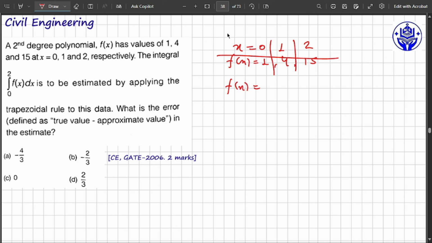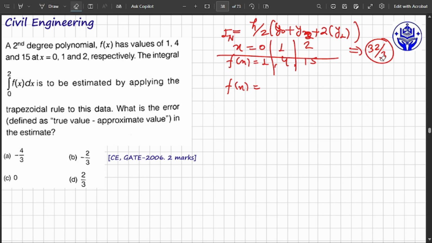The numerical integration value is h by 2 times y0 plus yn plus twice of the middle values, y1. This will be the formula, and the numerical result will be 12. Sorry, it is not 32, it is 12.